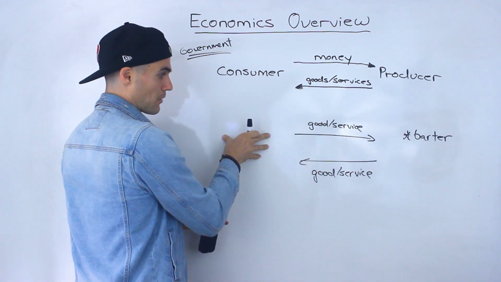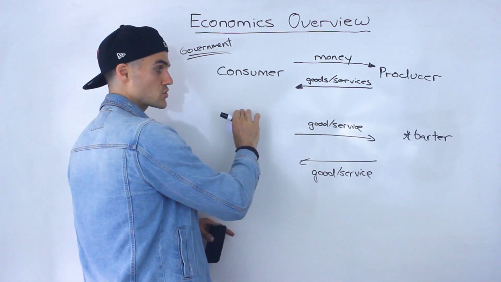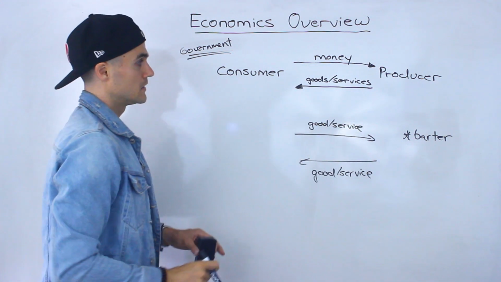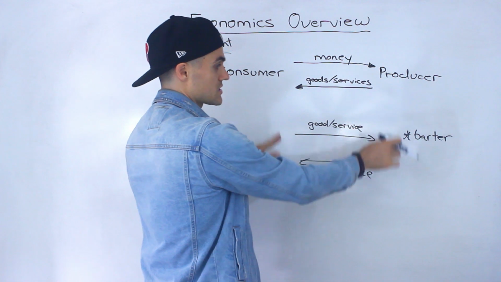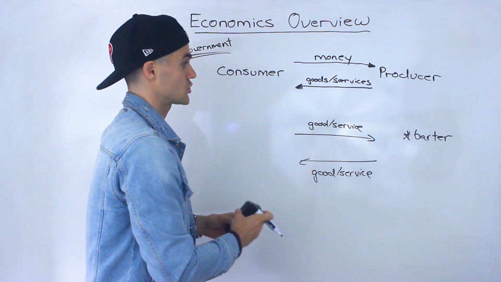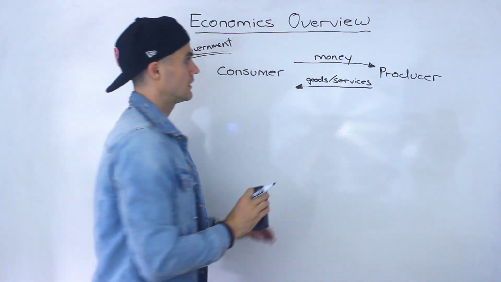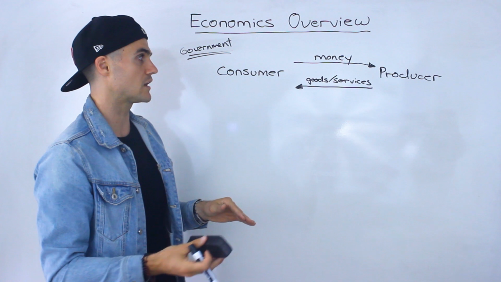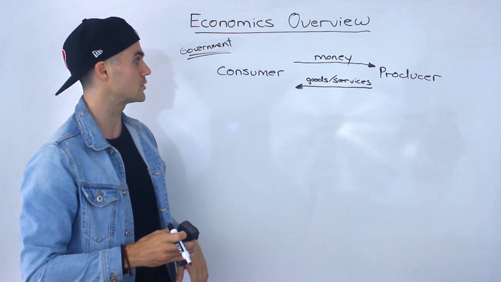This party would be a consumer because they're receiving a good or service, but they're also a producer because they're giving a good or service. So it's hard to differentiate these parties with a bartering transaction. Not only does this deal with most cases, but it also gives us the benefit of differentiating those two parties into a consumer and producer.